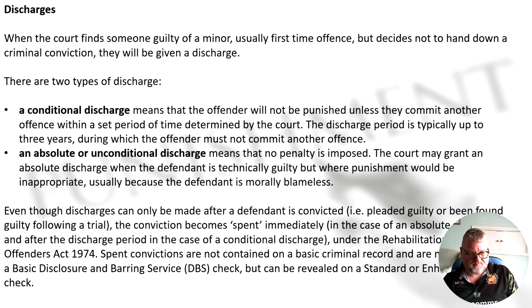Okay. Also, spent convictions are not recorded as part of a basic disclosure and barring check. So when you have a DBS check to see whether you can work with kids, that sort of thing, they won't show up, but can be revealed on a standard or enhanced check. So that's just to clarify what actually a discharge entails.